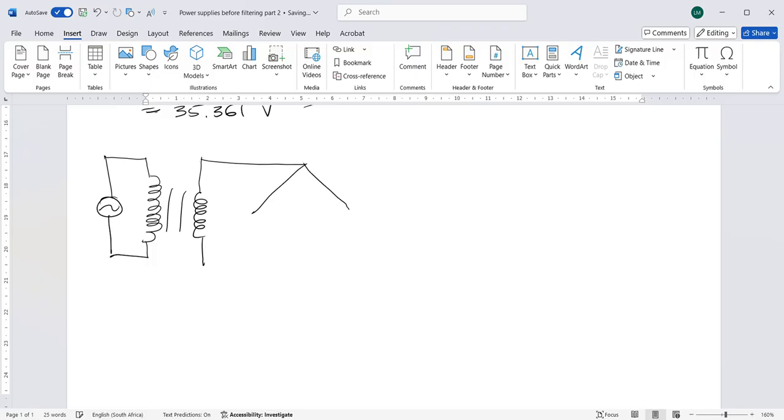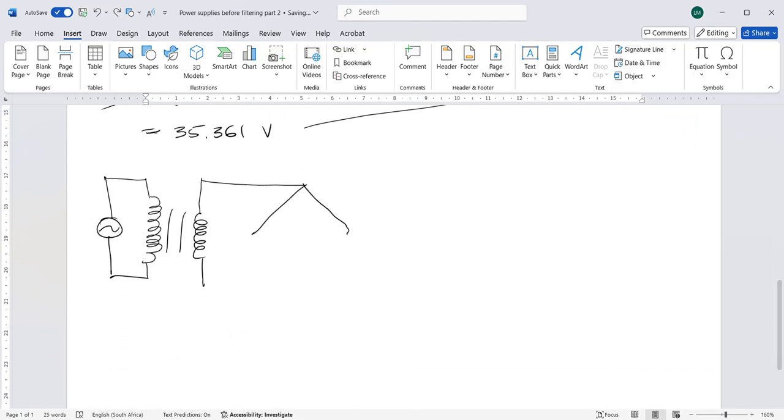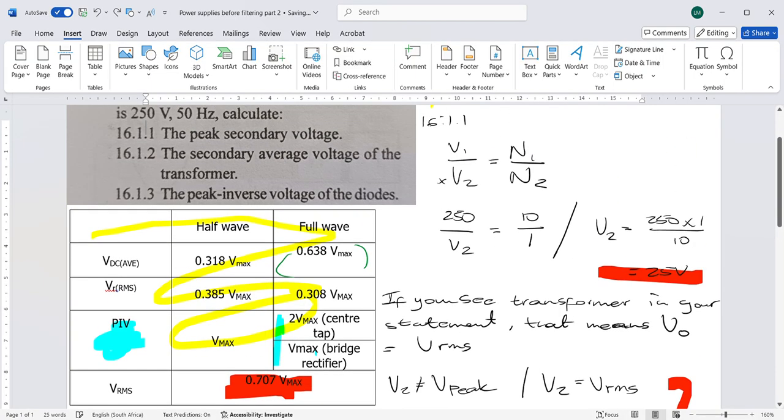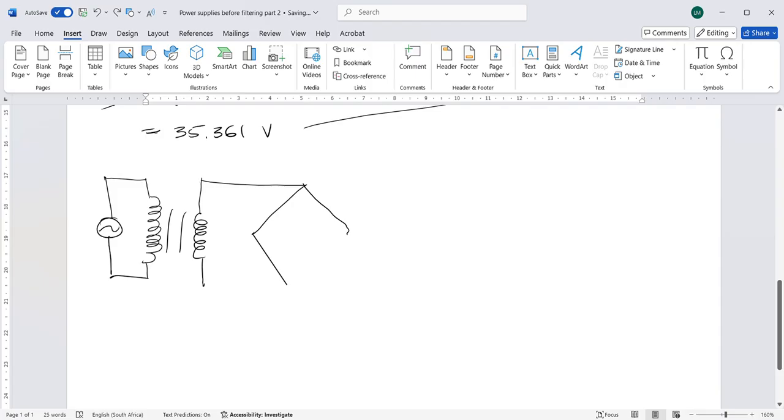Gosh, my drawing is bad. Oh, gosh. I'm trying.